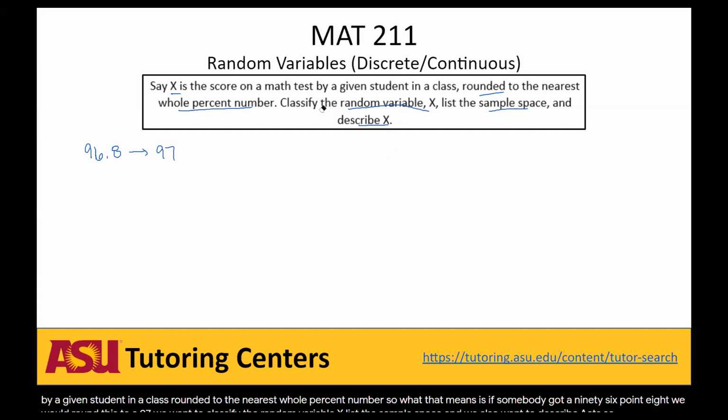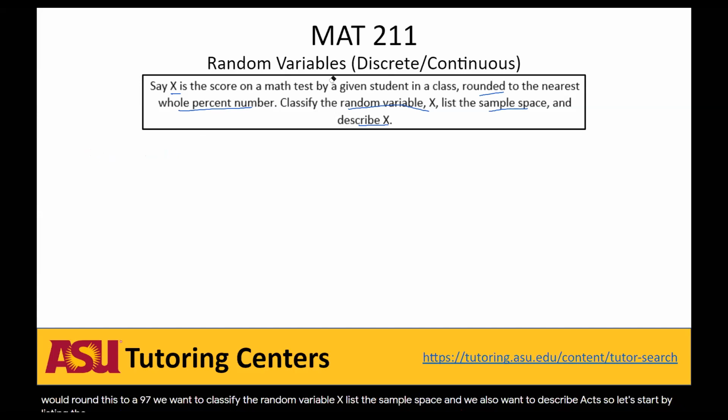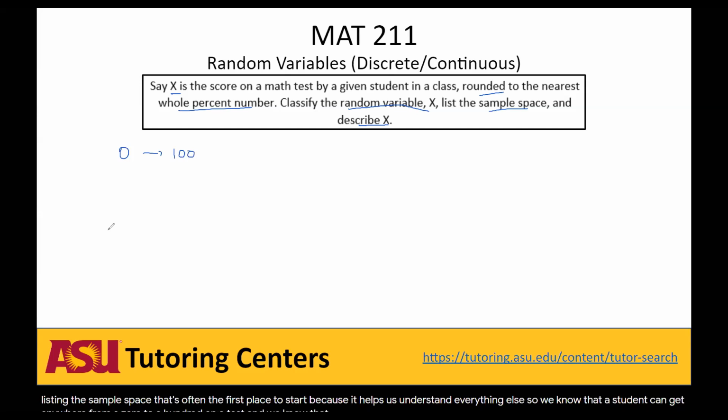So let's start by listing the sample space. That's often the first place to start because it helps us understand everything else. So we know that a student can get anywhere from a 0 to 100 on a test. And we know that for X, we're going to round all of these to whole numbers.